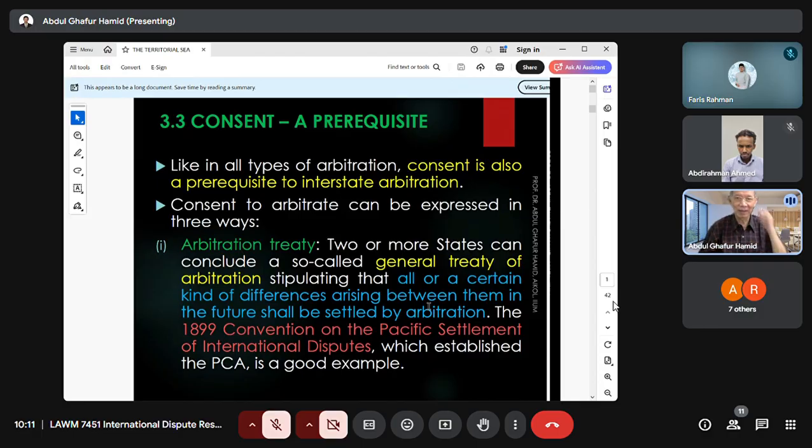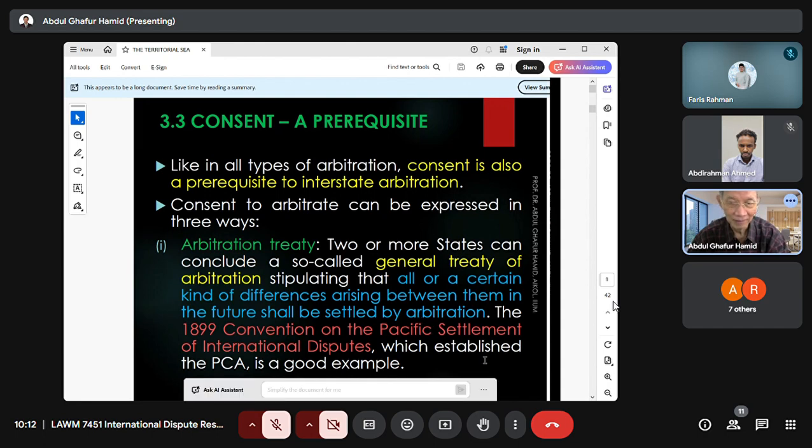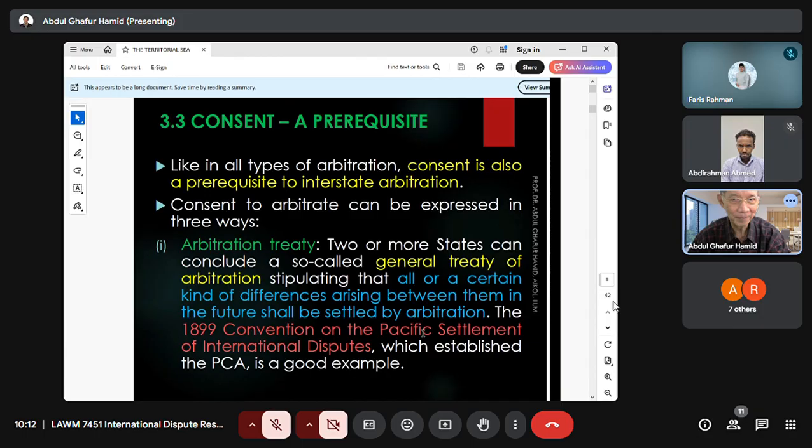The best example is the 1899 Convention on the Pacific Settlement of International Disputes. That is an arbitration treaty. This convention itself is an arbitration treaty, and it established the Permanent Court of Arbitration, PCA. This is the best example of consent given by means of an arbitration treaty.